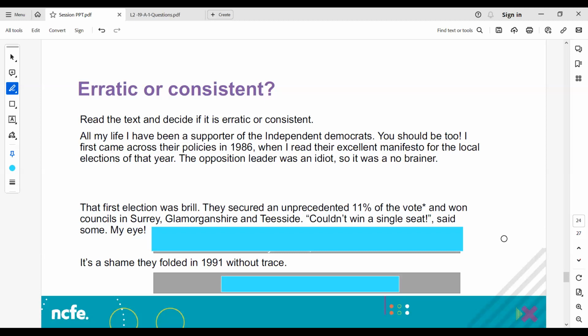Excuse me, miss. Could you explain the word consistent, if you don't mind, please? Yes, so if the text was consistent, it would be following the argument or the topic throughout the text.